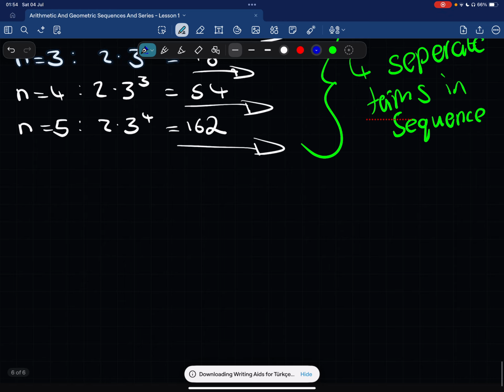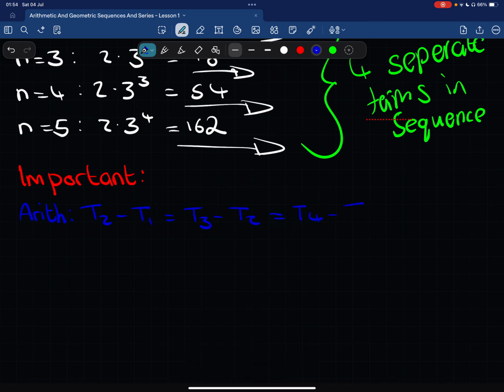Something important I forgot to mention in the previous video is a law or rule of our constant differences. So just as we had for arithmetic, right here, we know that T2 minus T1 is equal to T3 minus T2, which is equal to T4 minus T3.